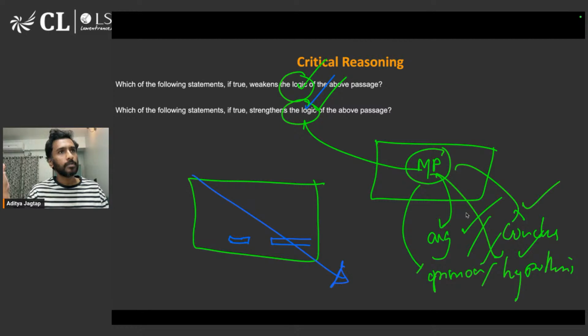let's say the logic of this passage stated that researchers found that consumption of more protein led to better bone density in mammals, something like that. So the logic is that consumption of more protein would cause more bone density.